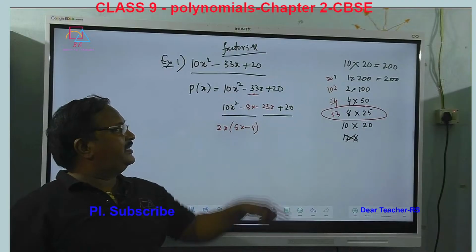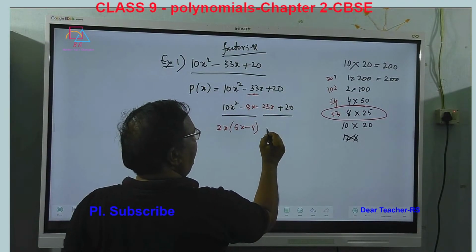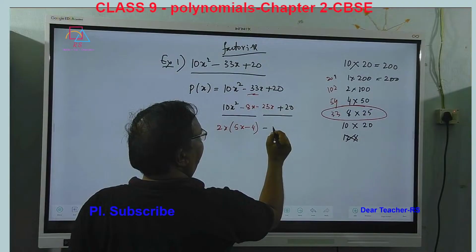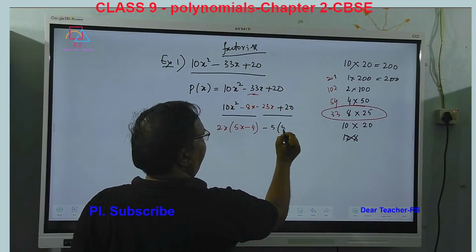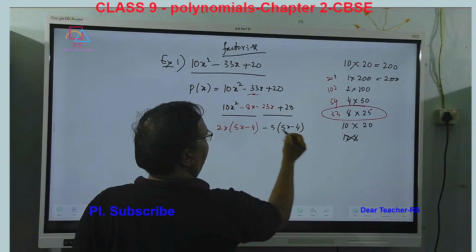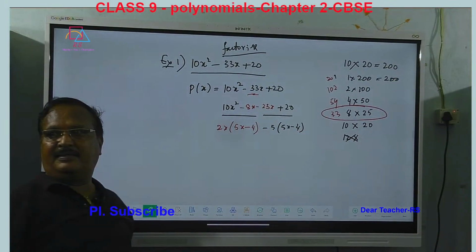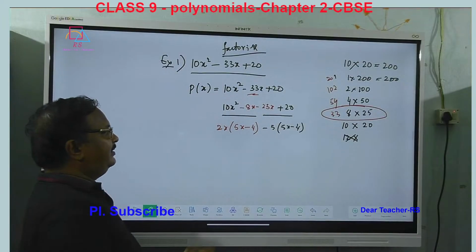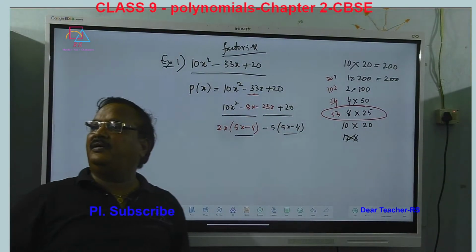Now next, in this 25 and 20 the highest common factor is 5. I will take minus 5, so then 5x minus 4, because I have taken minus common, minus into minus plus. So then again 5x minus 4, 5x minus 4.